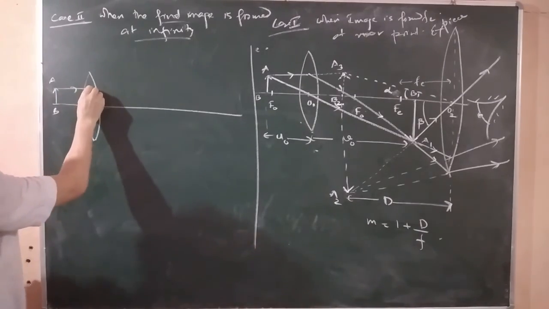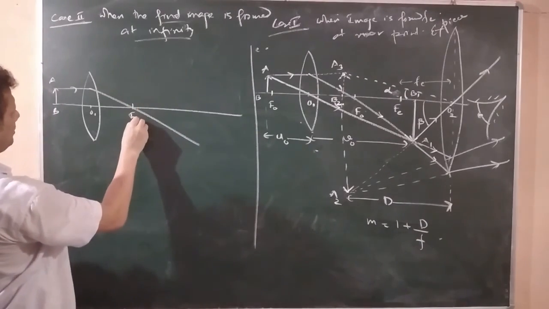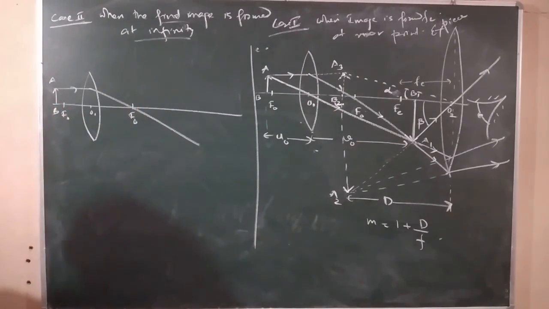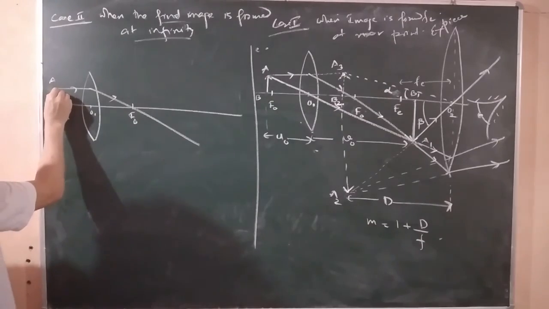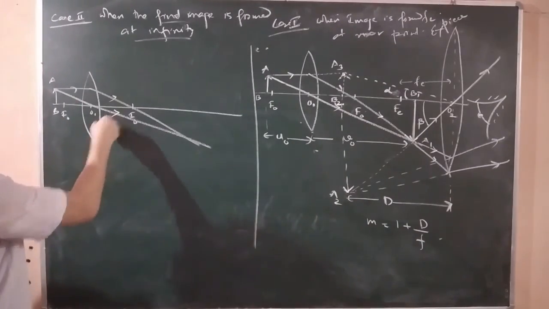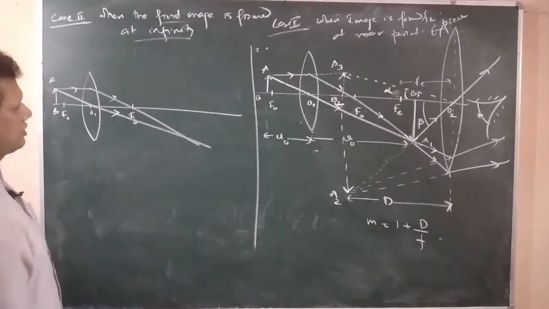This ray after refraction will go just through the focus F naught. Again you take another ray which passes directly through the optical center O1, which will go straight without any deviation.